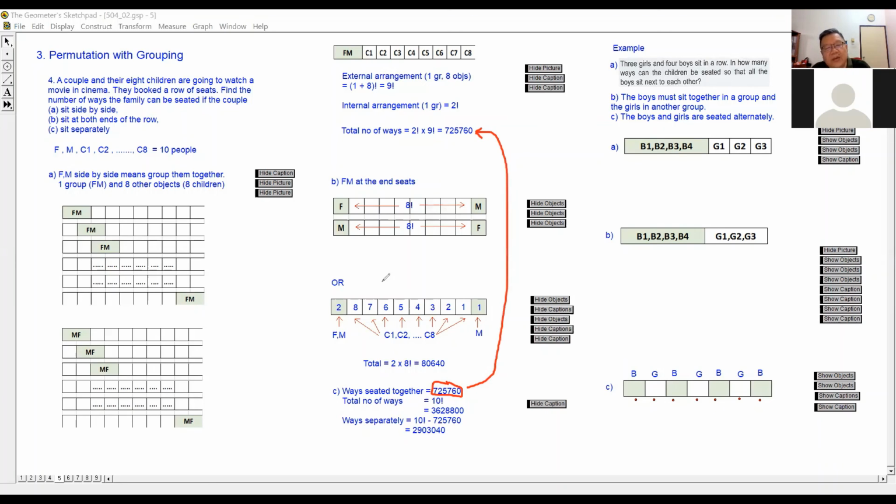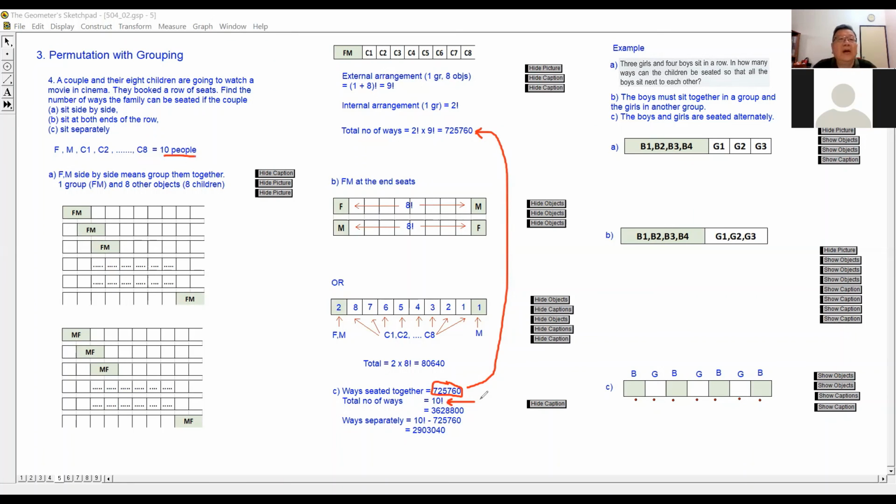Now when you have 10 people to be seated in a row, the answer is actually 10 factorial. This 10 factorial includes everything, sitting together or sitting separately.